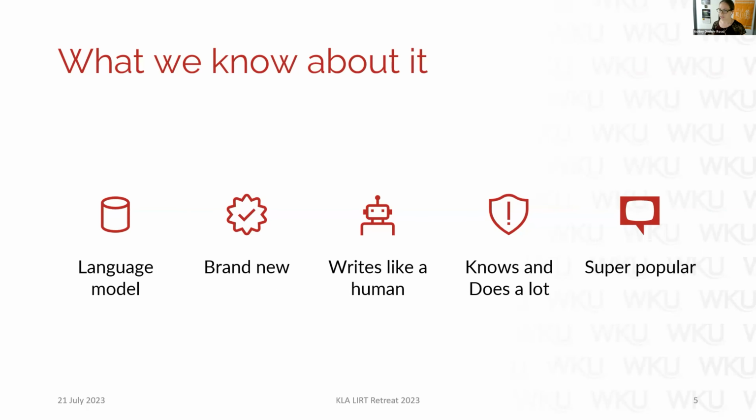So it's kind of interesting that technology has come to this point where it can converse to us like we're talking with another human, even though it is a robot, essentially. It knows a lot and it does a lot. You can play games with it. You can have it write songs. You can have it compose stories. There's lots of different uses for ChatGPT. And again, it is very, very popular.